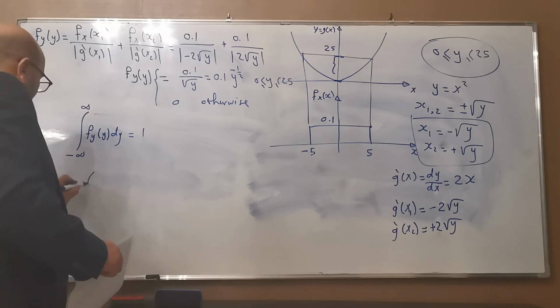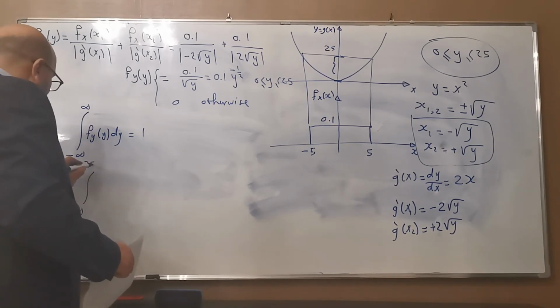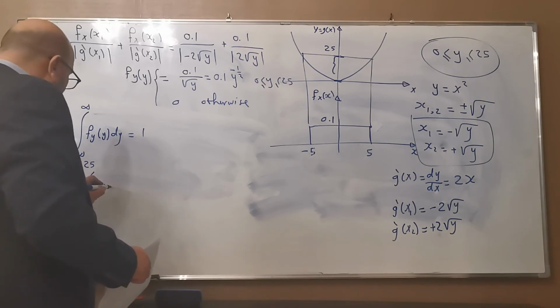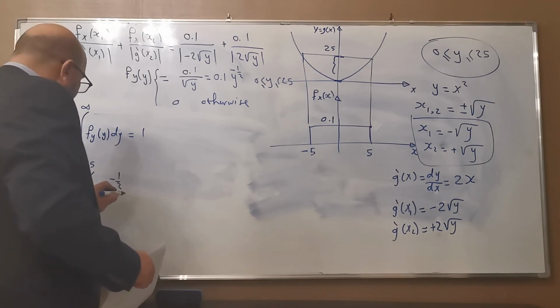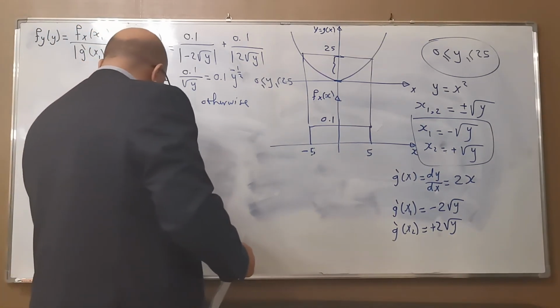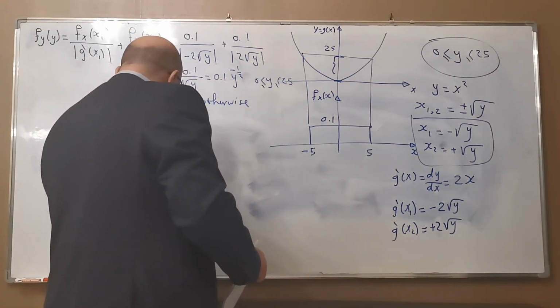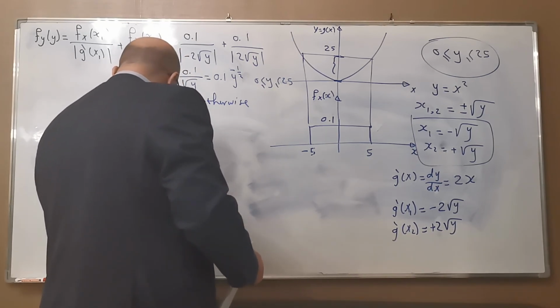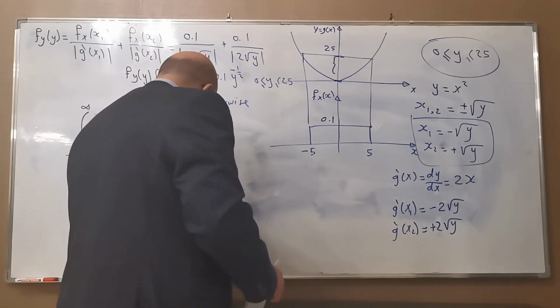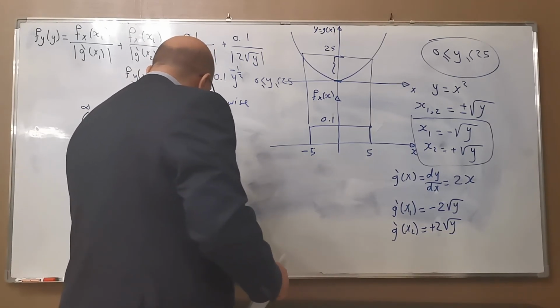So the integration from 0 to 25 of 0.1 y to the minus 1/2 dy is equal to 0.1 times y to the power 1/2 times 2, applied from 0 to 25.